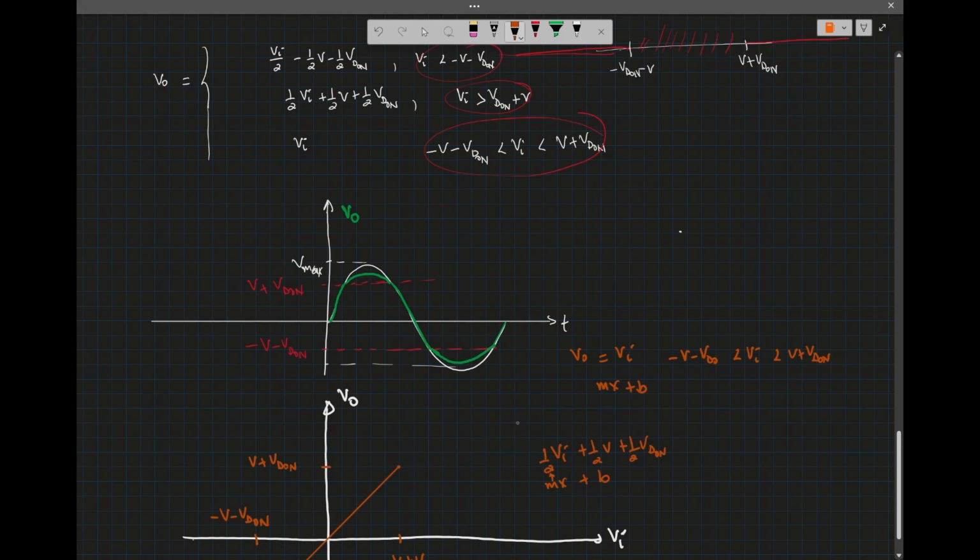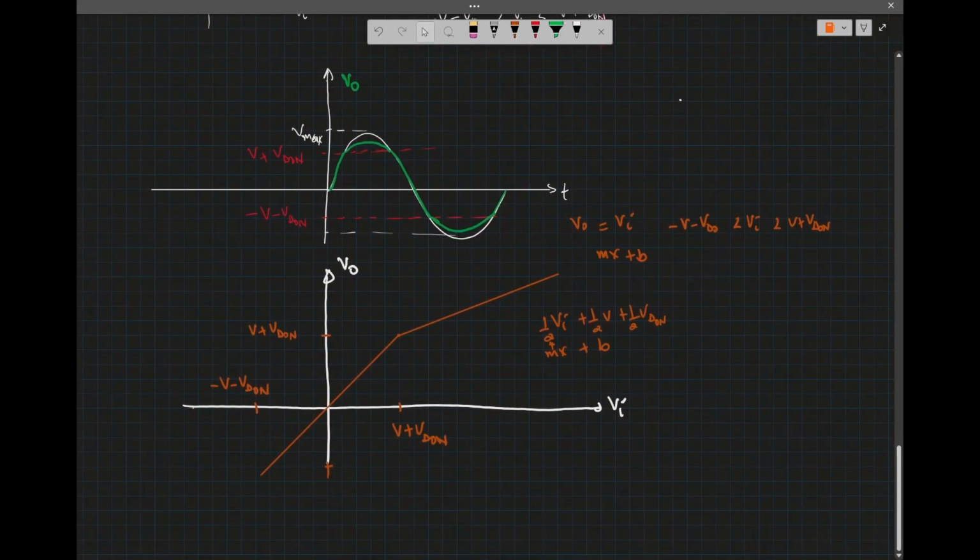So the graph will look something like this. The slope here is half, and here the slope is also half.